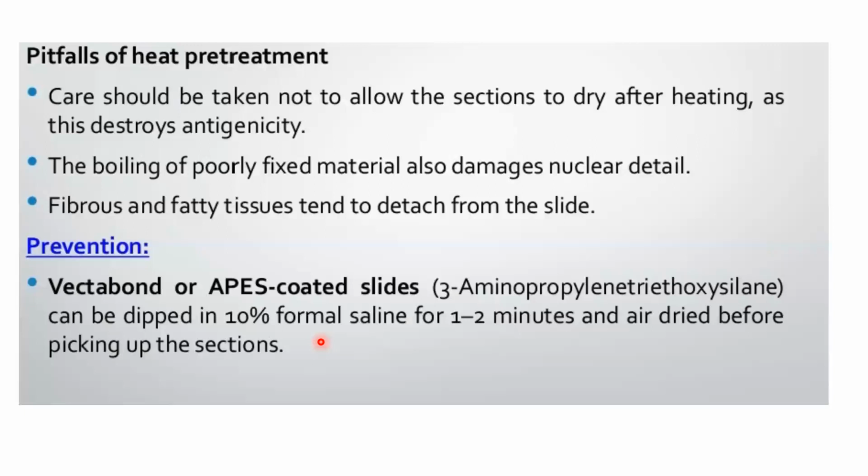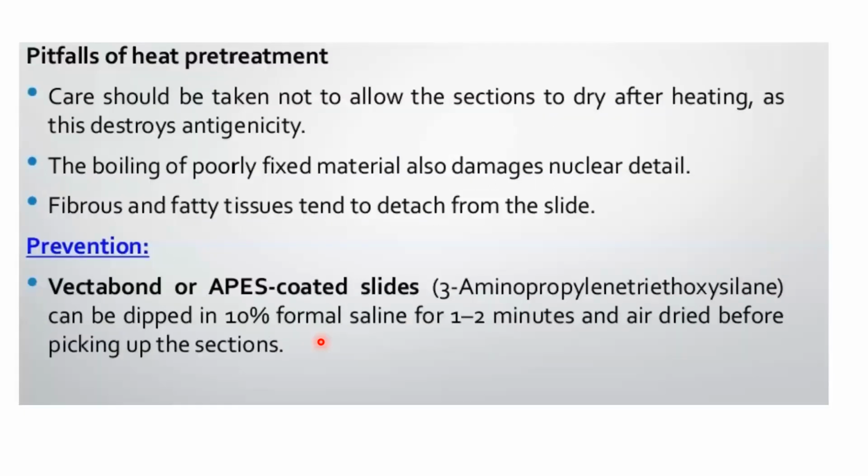We have various methods to retrieve the embedded antigen within the tissue. So let me give you a summary of these antigen retrieval methods. In tomorrow's lecture, we will discuss in detail the individual methods and procedures of antigen retrieval.